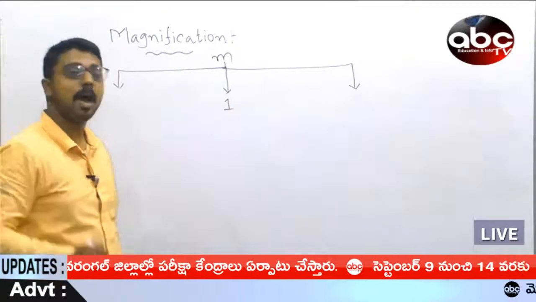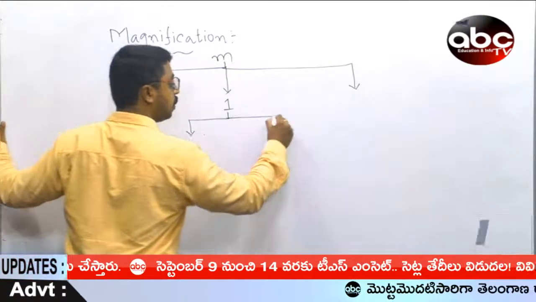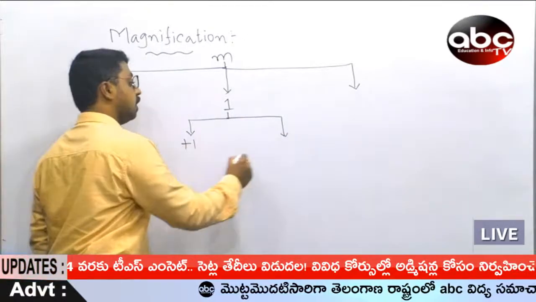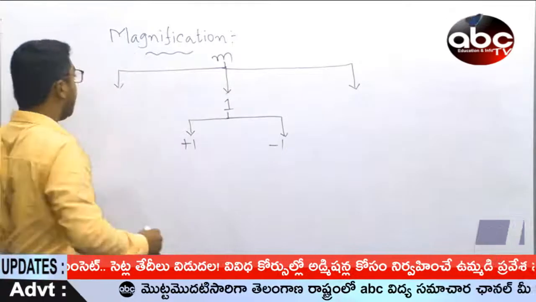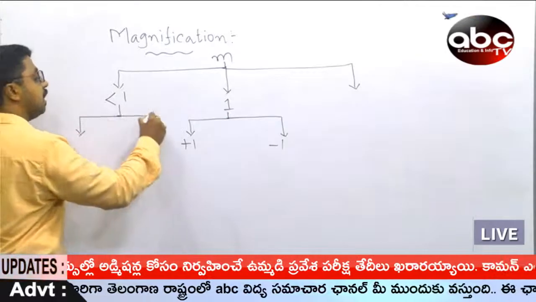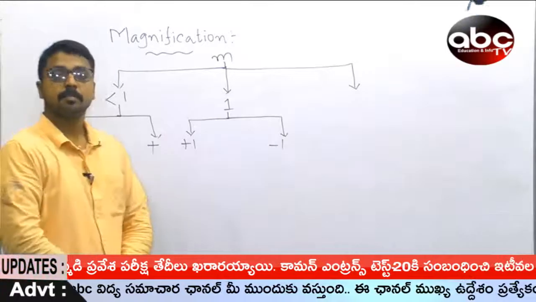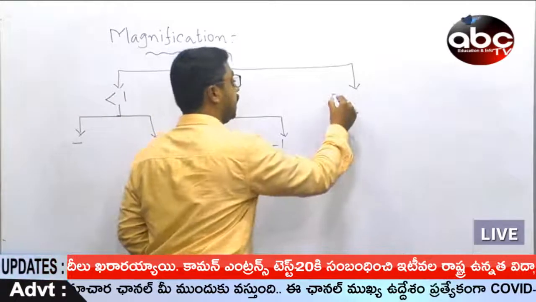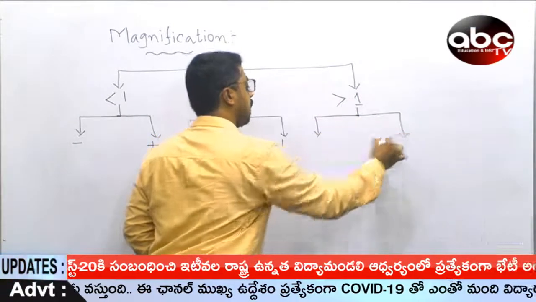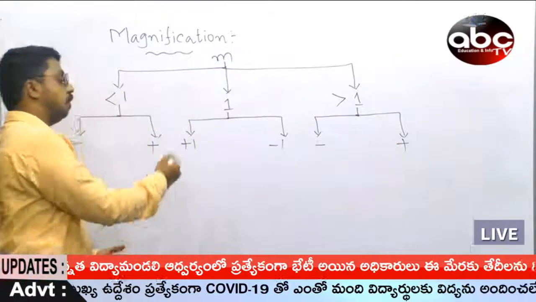That is again bifurcated into 2 types, maybe +1, maybe -1. And again, it is less than 1. Even here also, it is bifurcated into minus and plus. The third one is greater than 1. It can also be resolved as minus or plus, positive or negative.